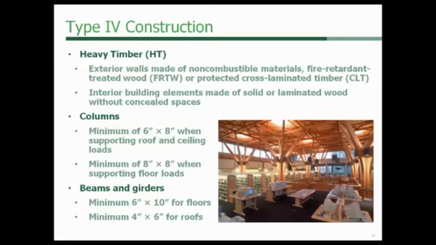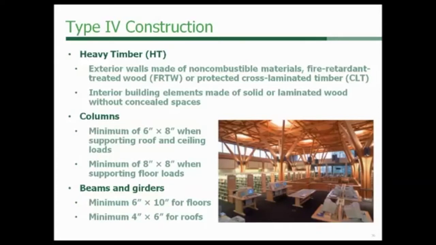But in type 4, being heavy timber, it's a unique construction type. Besides the exterior walls, the interior must be minimum sizes of solid or structural composite lumber or laminated wood. And the other distinguishing feature about type 4 is it cannot have concealed spaces in the building. This is quite a challenge.